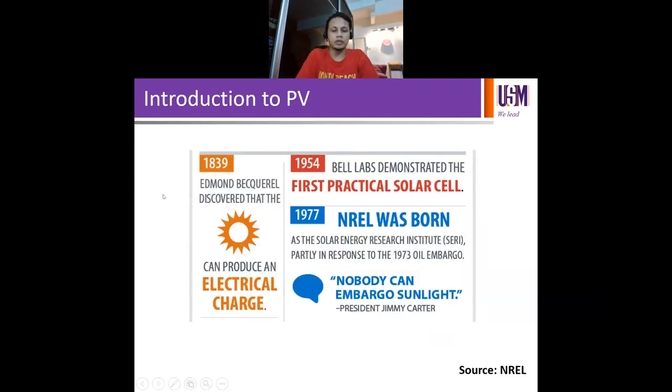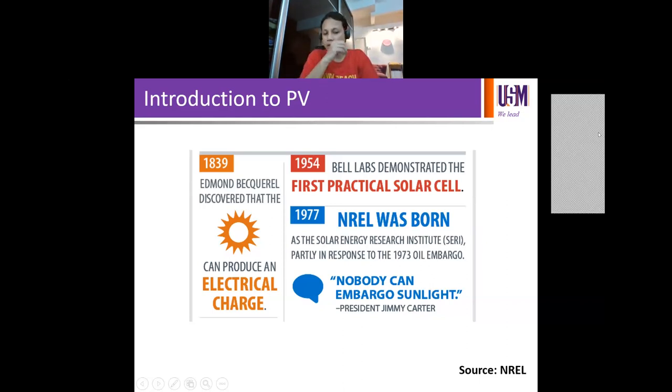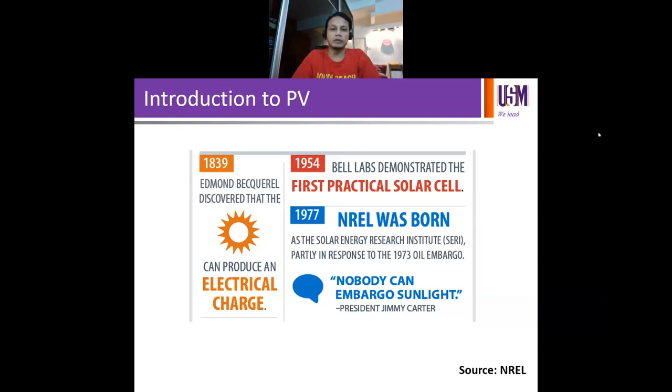Historically, it originated from back in 1839, where a French scientist, Becquerel, discovered that the sun can produce electrical charges. Okay, this is the first demonstration or first finding demonstrated by the scientists. So if you look at the date there, 1839 until 1954, where the first practical solar cell is demonstrated.